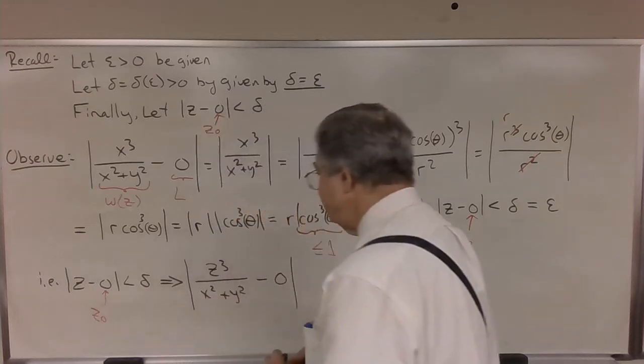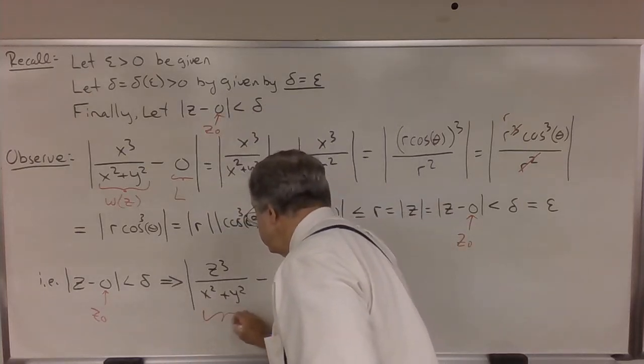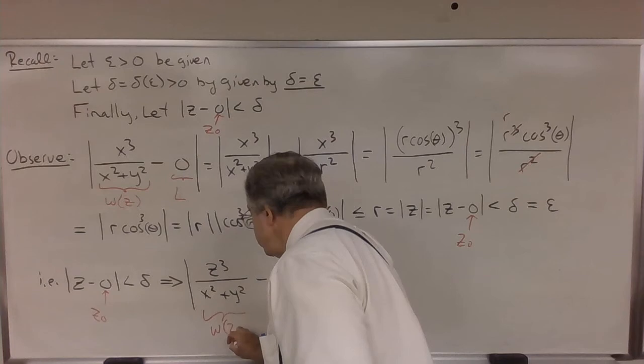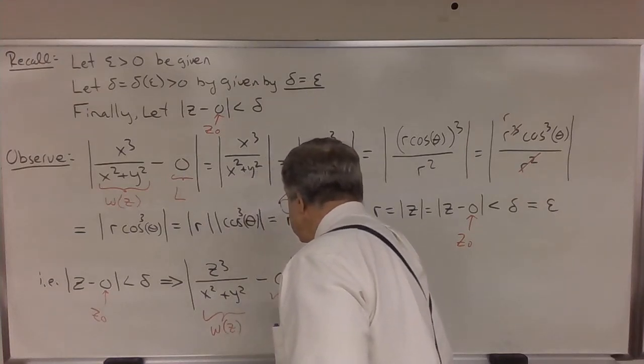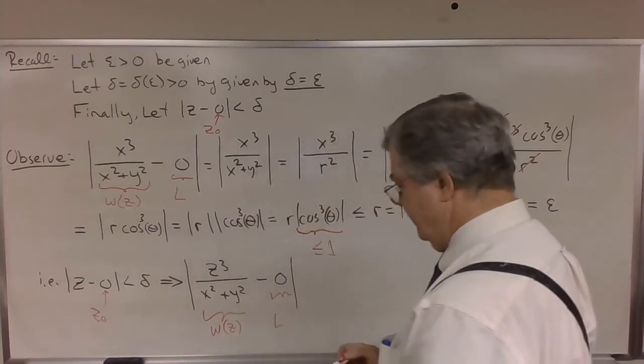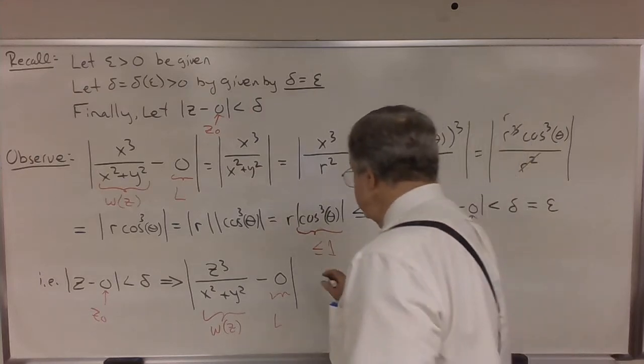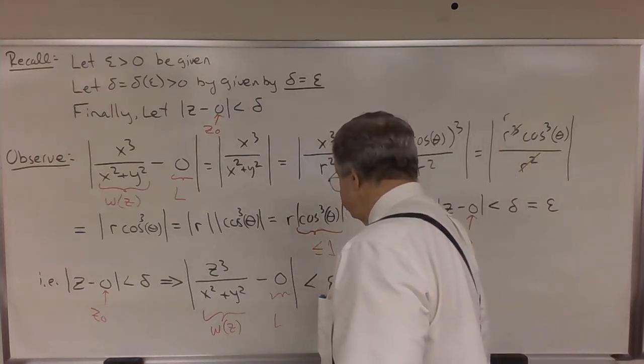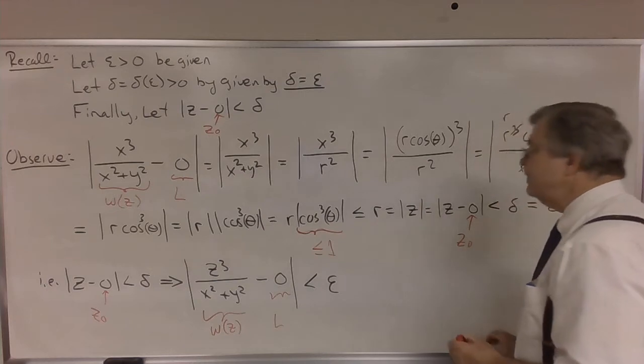And the significance of this is that this is w of z minus L is less than epsilon. That's what we showed.